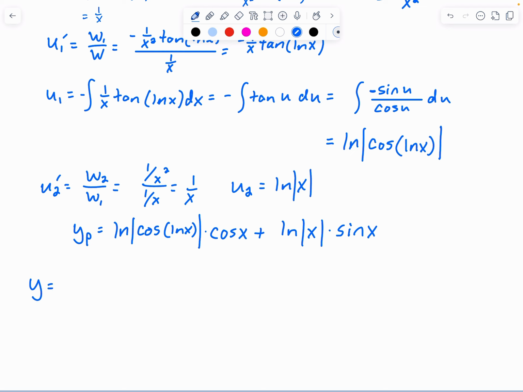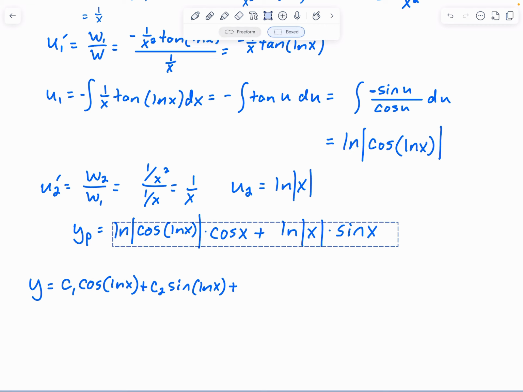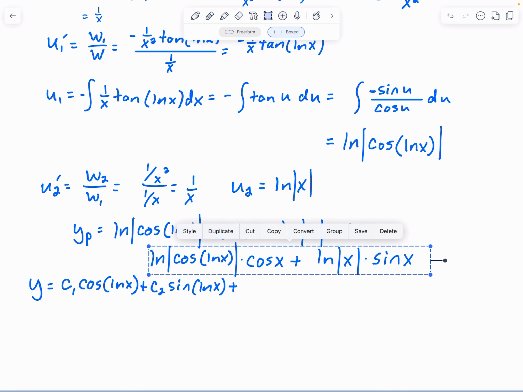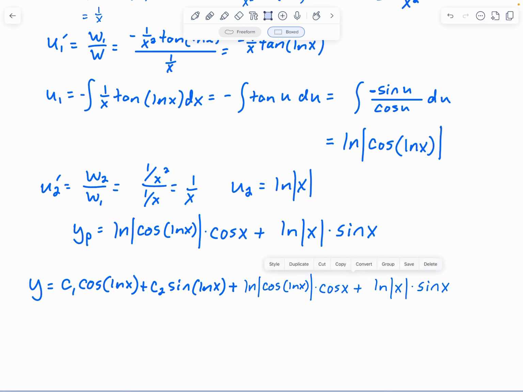Then our overall solution is going to be C1 cosine ln of x plus C2 sine ln of x plus this whole line here. Cool. And there's our overall solution.